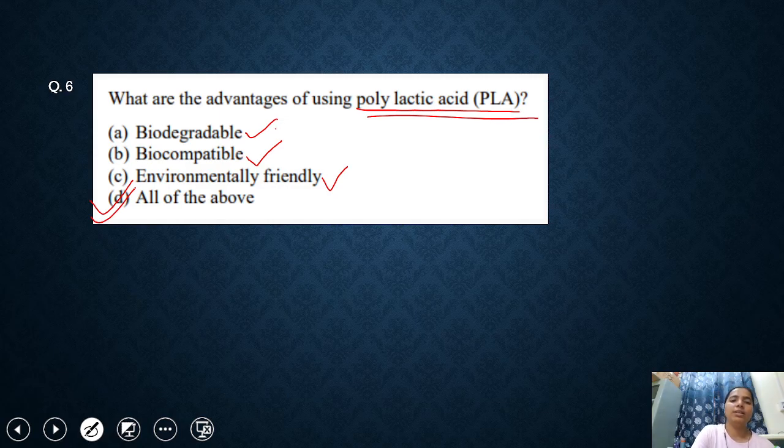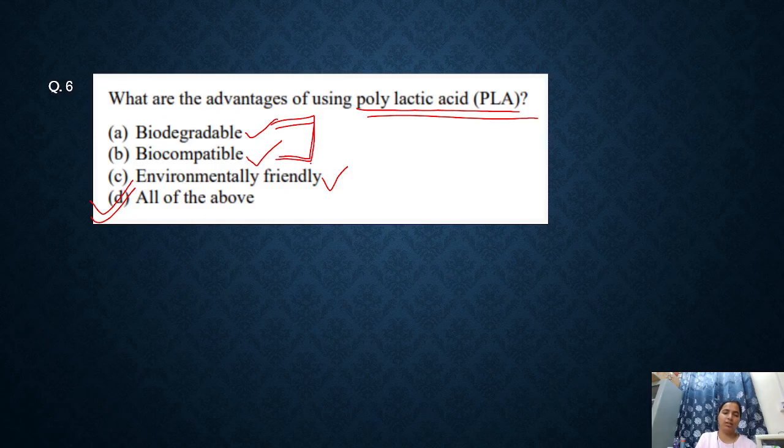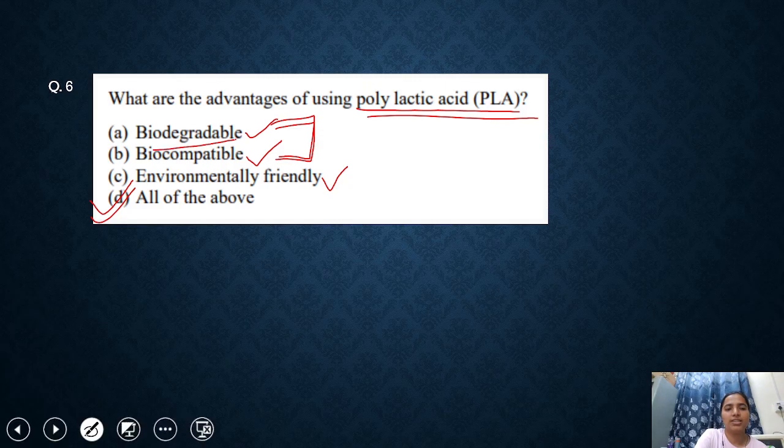Can anyone tell me the difference between these two words, what is biodegradable and what is biocompatible? Does anyone want to answer this? Or what do you understand by these two words?